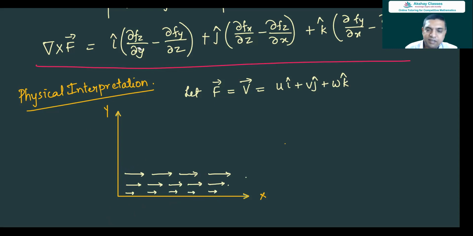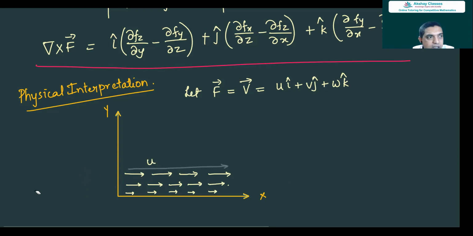Now if I am moving along the x direction, these are all u components, because it's the direction of velocity in the x direction.